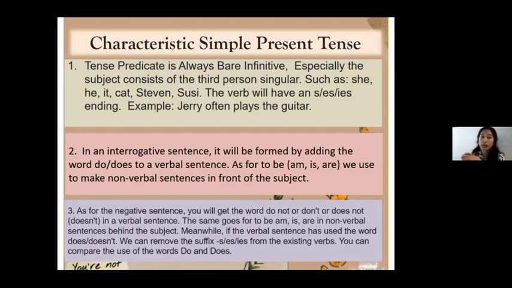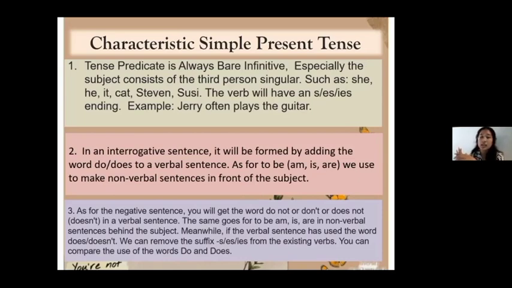Nah, jika kita ingin membuat sebuah kalimat negatif, kita bisa menambahkan kata do not atau don't, dan does not or doesn't pada kalimat verbal. Tetapi jika kita ingin membuat sebuah kalimat non-verbal, kita tinggal menambahkan to be, is, are setelah subjek.